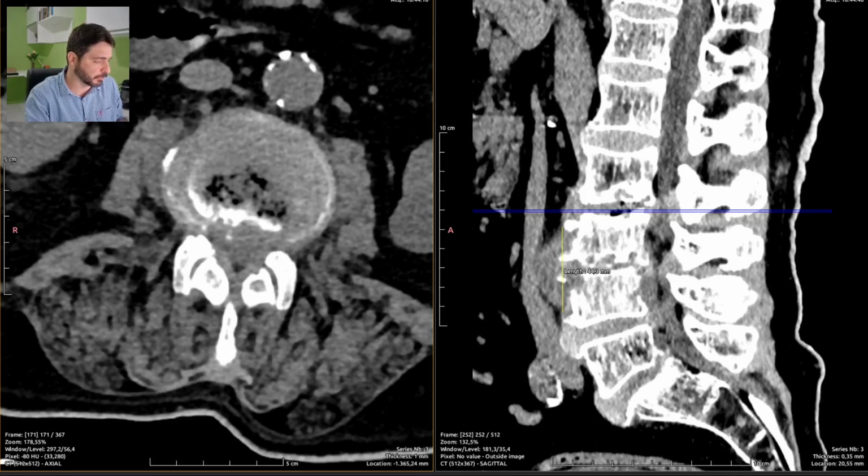This is the most important part of the report. I'm going now to comment on the osteolytic lesions. L4 and L5.